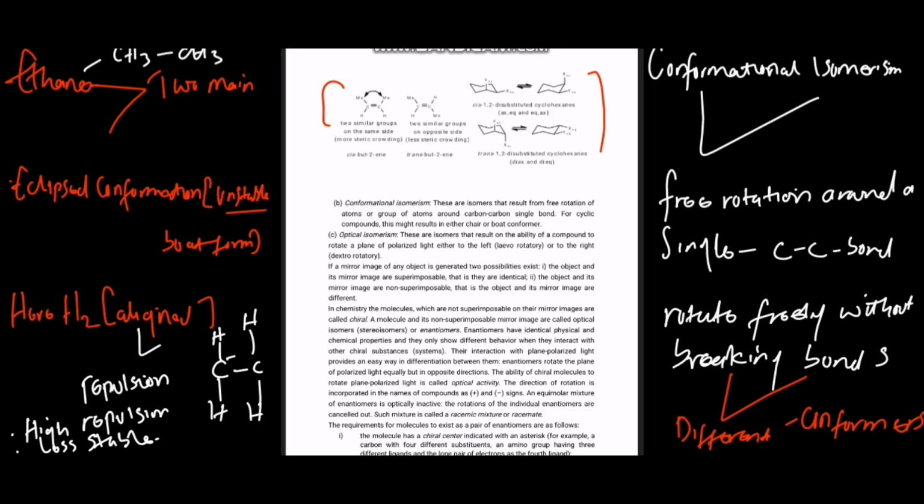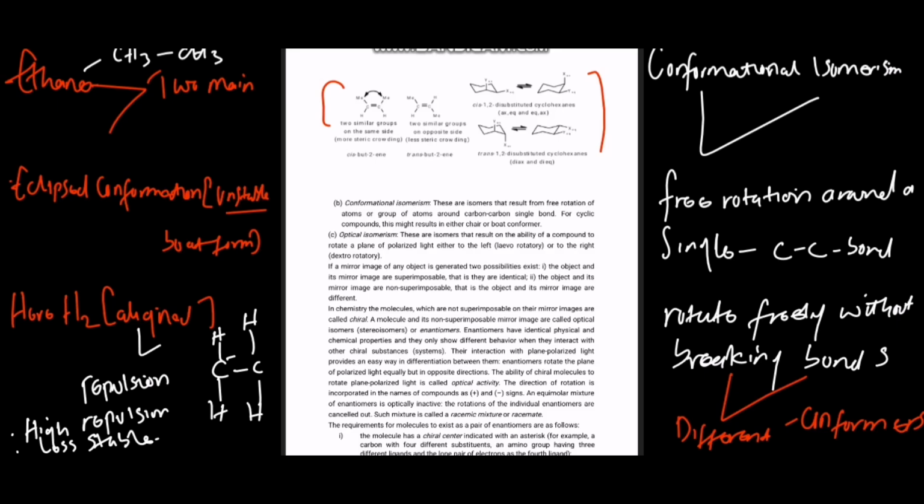Since it forms a chair, the hydrogens are far apart, but in the eclipsed conformation of ethane, you find that the hydrogens are very close. That is, they are very aligned.